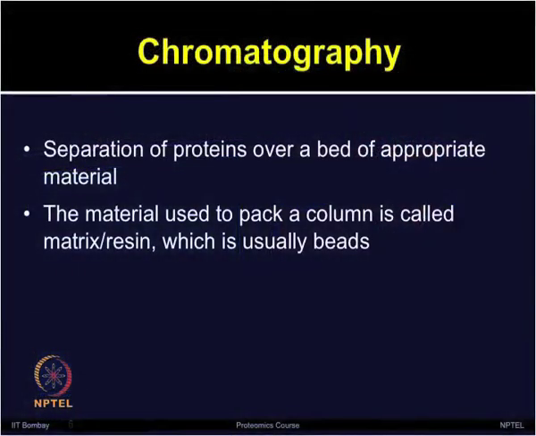So, chromatographic methods involve separation of proteins over a bed of appropriate material. These materials are usually packed in a given column and known as matrix or resin. These matrix and resins are usually beads with or without attached chemical groups.